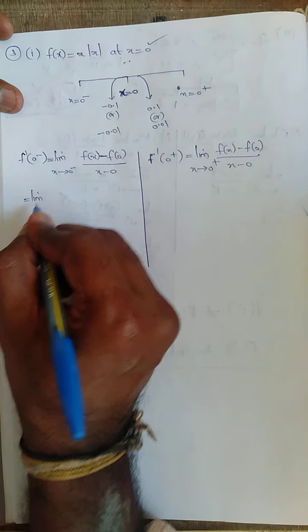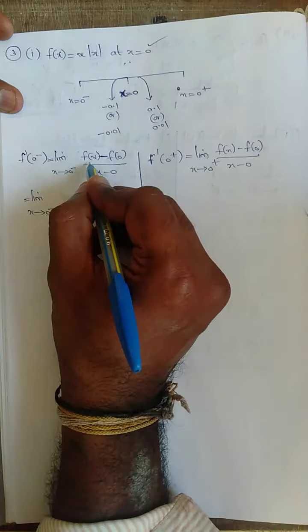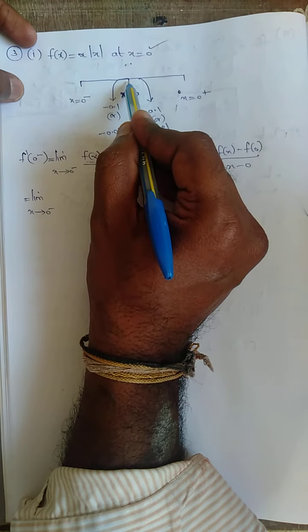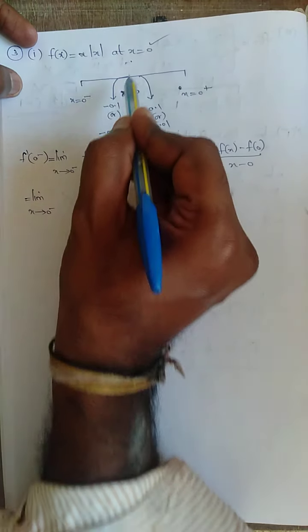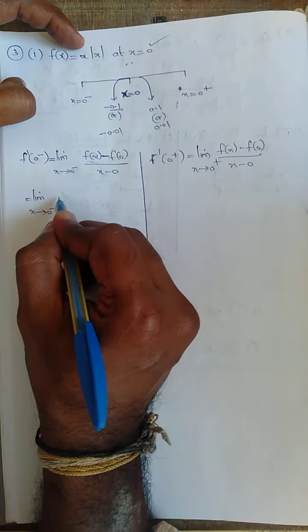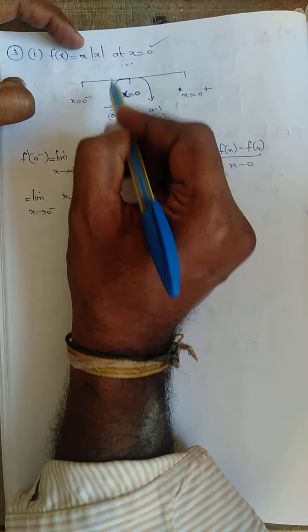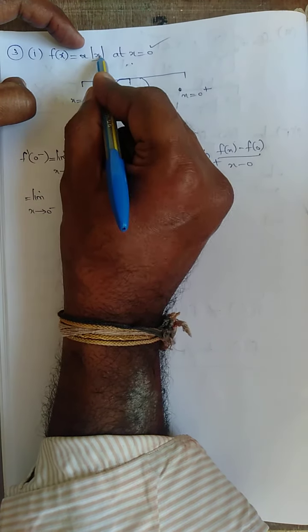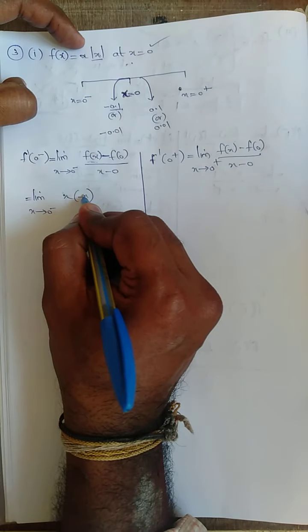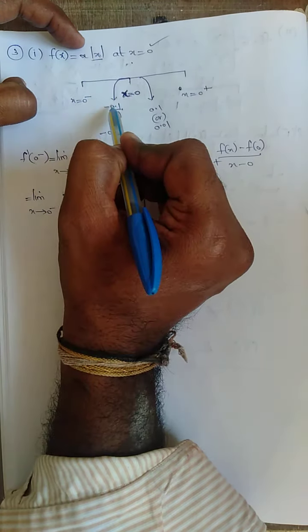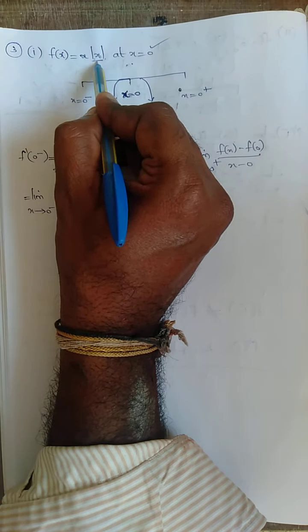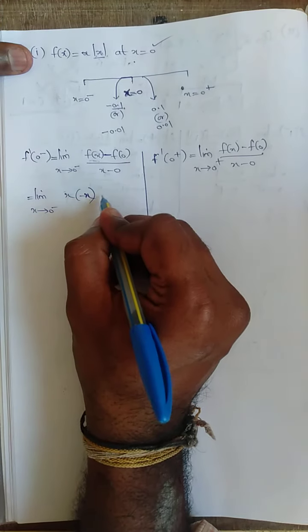So limit x tends to 0 minus of f of x. Listen carefully, this is a left hand limit, so you need to move to the left. What is the answer? Minus 0.1. Write x as it is. This value is going to be negative because x is nothing but minus 0.1, so write negative, minus x.